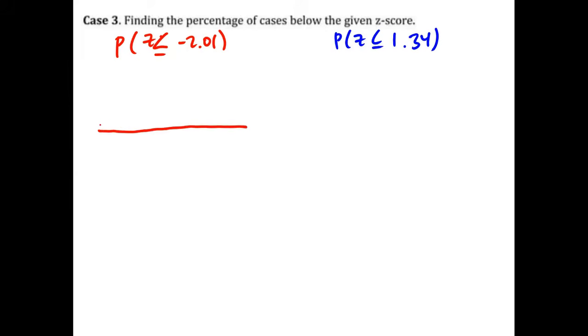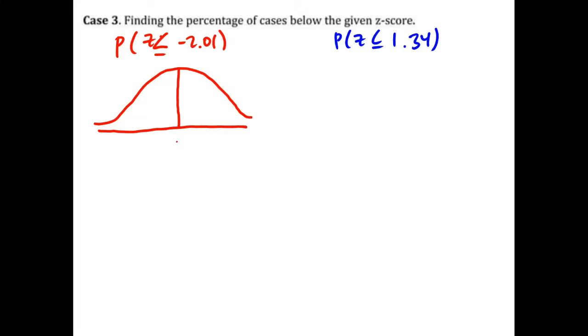So below. So for example, P of z is less than or equal to negative 2.01 and P of z is less than or equal to 1.34. Okay? So, ganun ulit yung gagawin natin. Draw a normal curve.